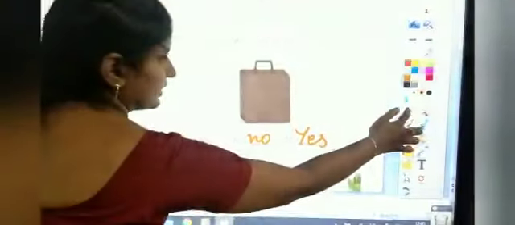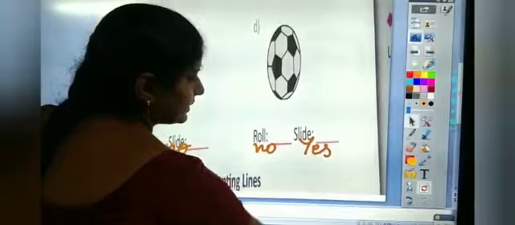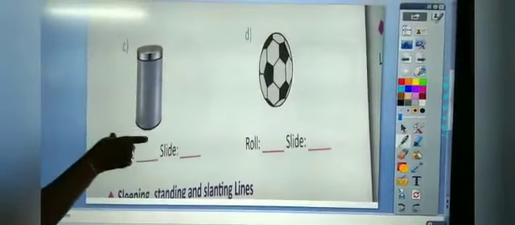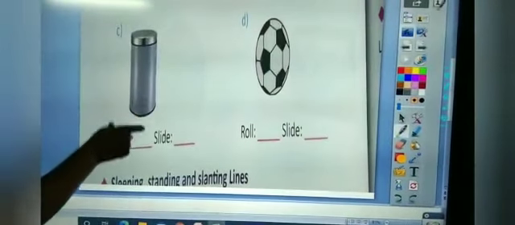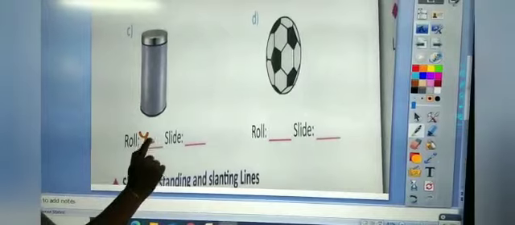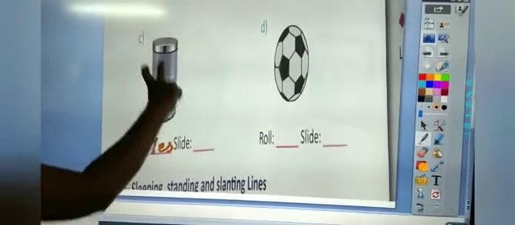Now we have to move on to the next object. The third one is a cylinder shape. In this cylinder shape, we have a rolling side. So we write yes in this blank. And the cylinder also has two flat parts.